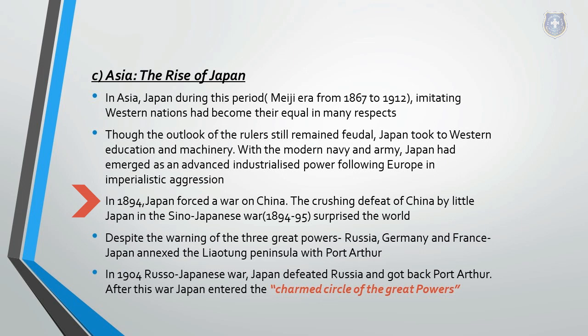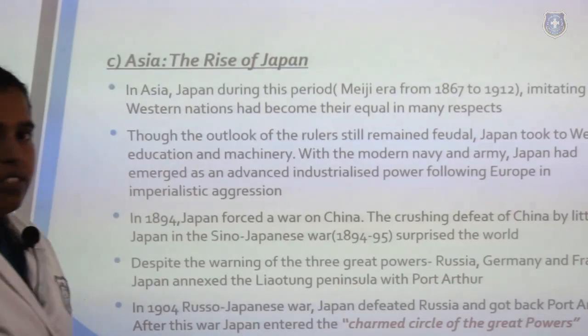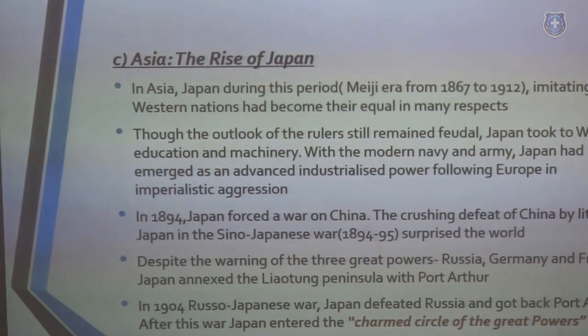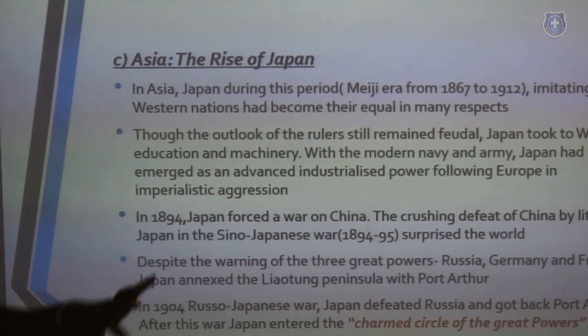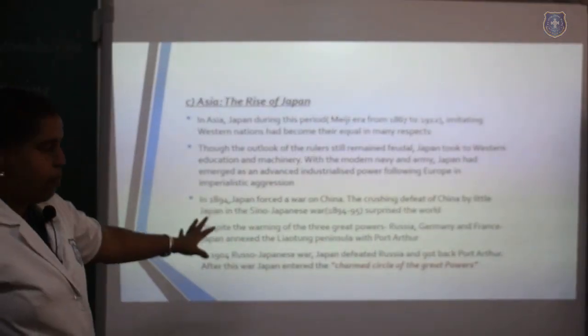That gave an additional advantage to Japan in the view of other countries. The war is called the Sino-Japanese War, 1894 to 95. That really shook the whole world, that small country Japan was becoming a greater dominating country.